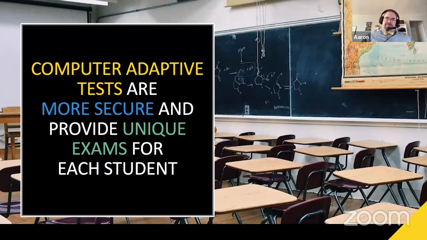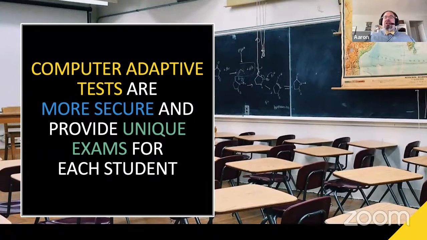There have been tests that have been leaked, that somehow students have gotten copies of tests prior to the tests being administered. The test being a computer test means that they don't need to ship boxes of physical tests around the world. It is all digital, and so it can be more secure.